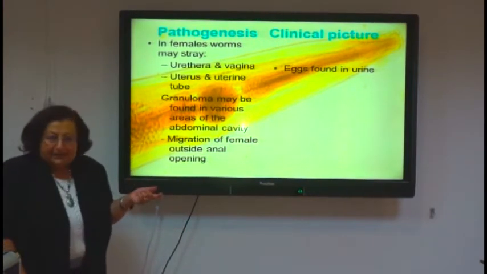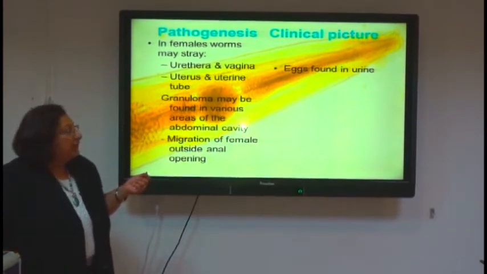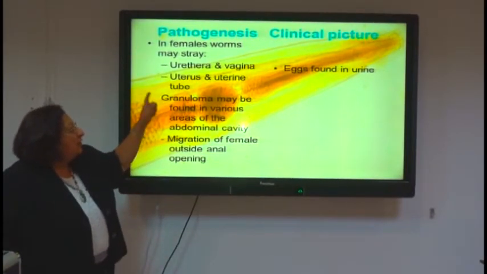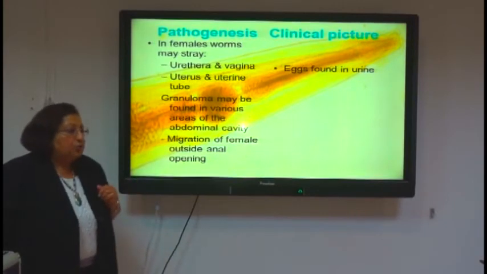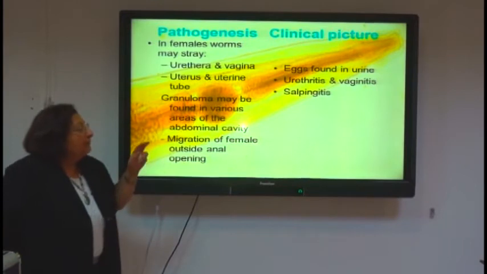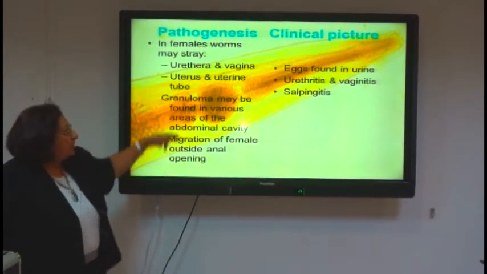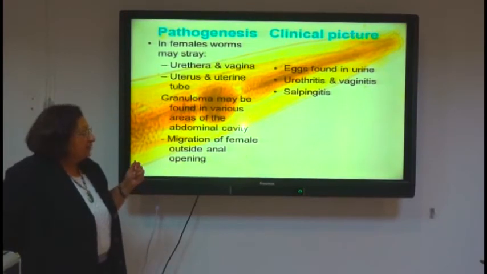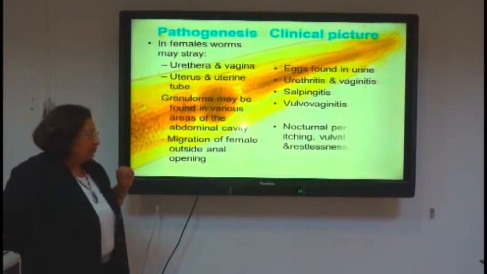These are contaminated from the outside. Or if it reaches the urethra, it can also contaminate urine. Due to the migratory effects to those areas, it can lead to urethritis, vaginitis, salpingitis, and vulvovaginitis.